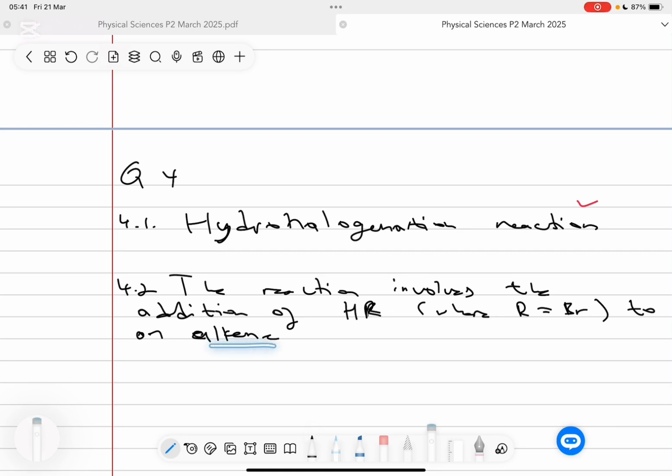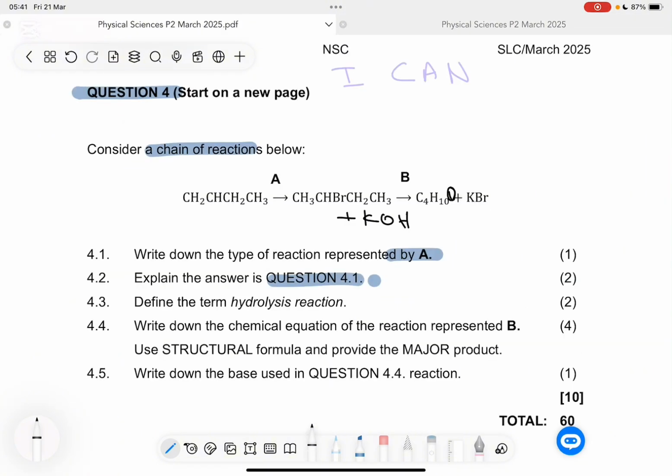Sometimes we can add them to an alkyne, the one that has triple bonds, but in this case we're adding it to an alkene to produce a haloalkane. So we're producing here an alkane, meaning a single bonded molecule that has a halogen in it.